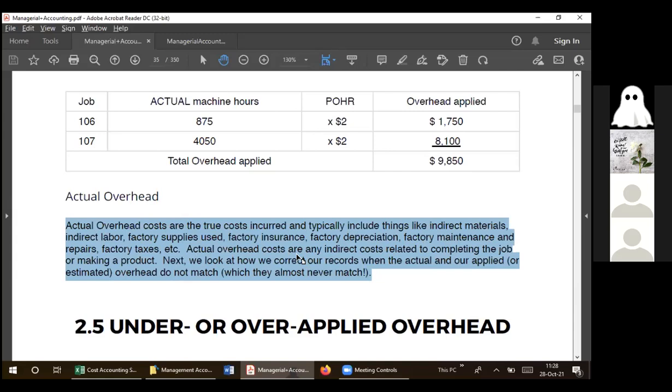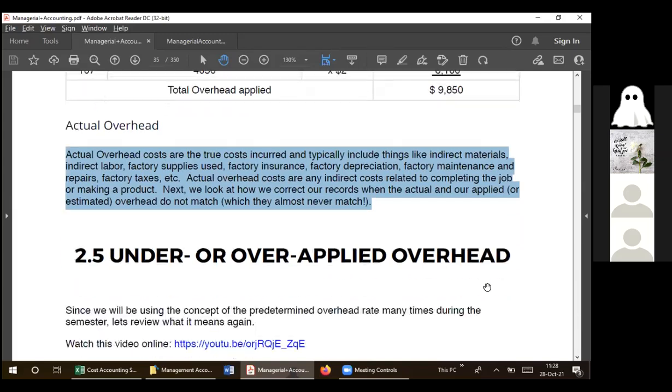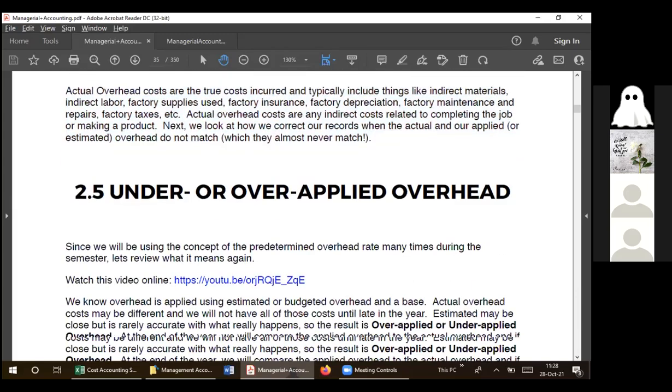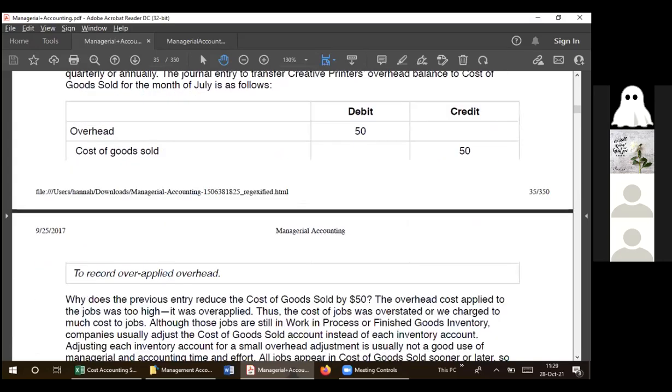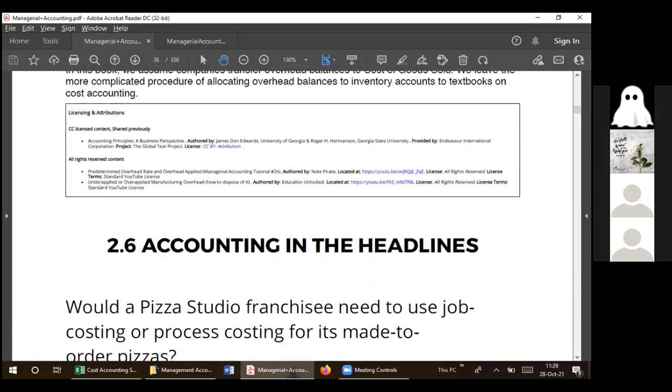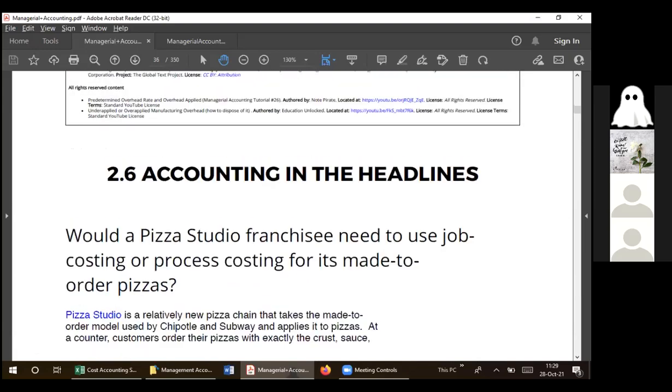Next, we look at how we correct our records when the actual and applied overhead do not match, which they almost never match. So this we're going to do tomorrow, under and over applied overhead. I will better look for some more problems for us to solve rather than looking at the journal entries for these things.